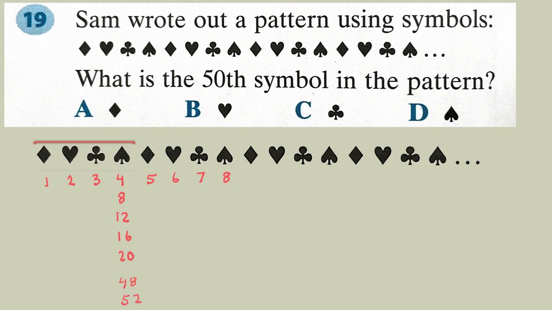So if 52 is going to be the spade, then 51 will be the clubs, and therefore 50 will be hearts. And so the 50th symbol will be B, the hearts.